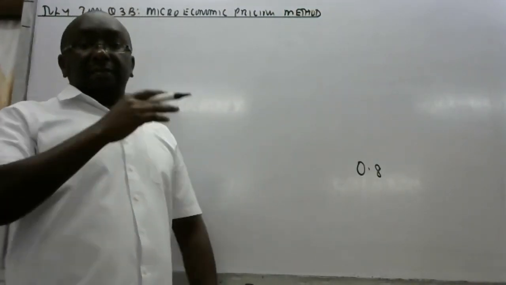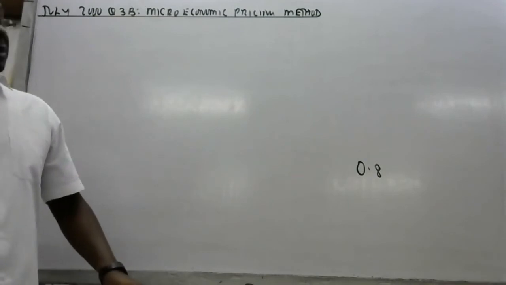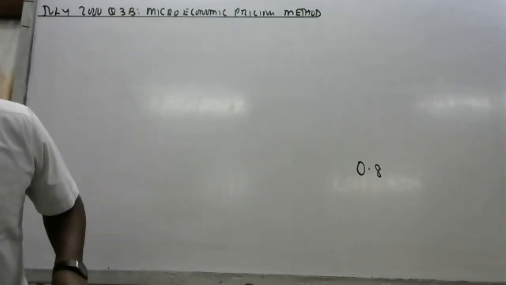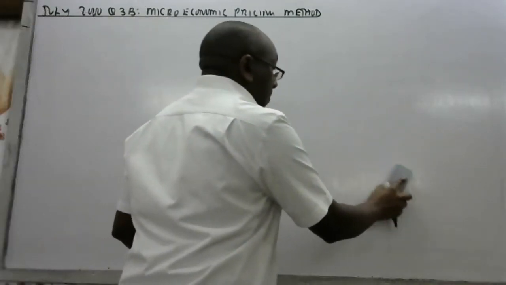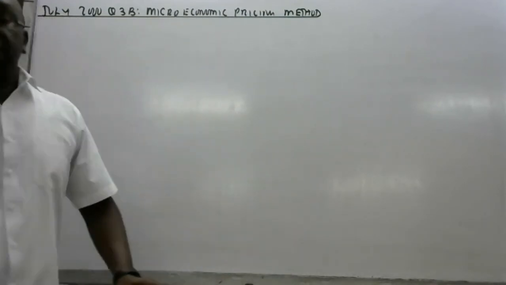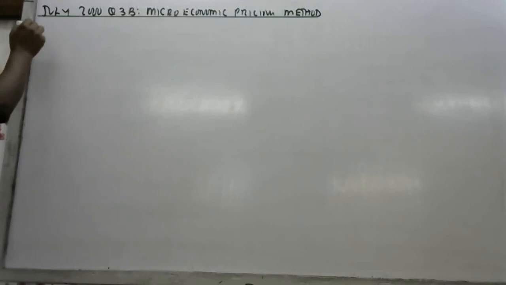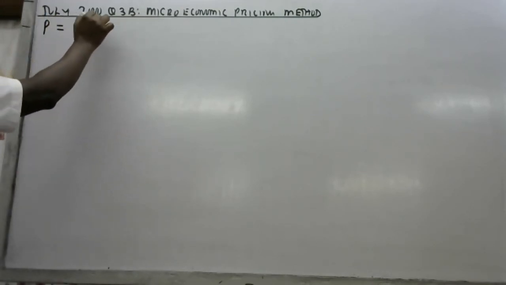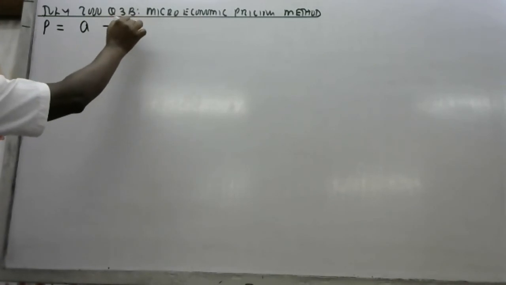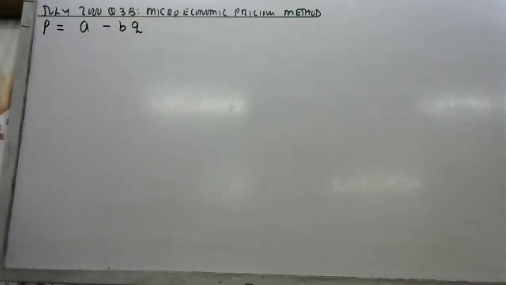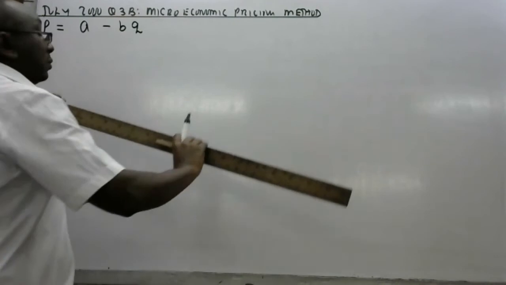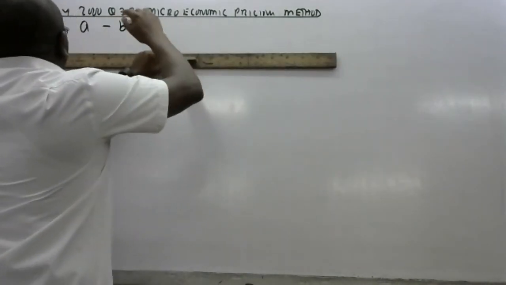Now, in this one, it is something very simple that I wanted you to remember, that the format is given as P is equal to A minus BQ. That is the format.